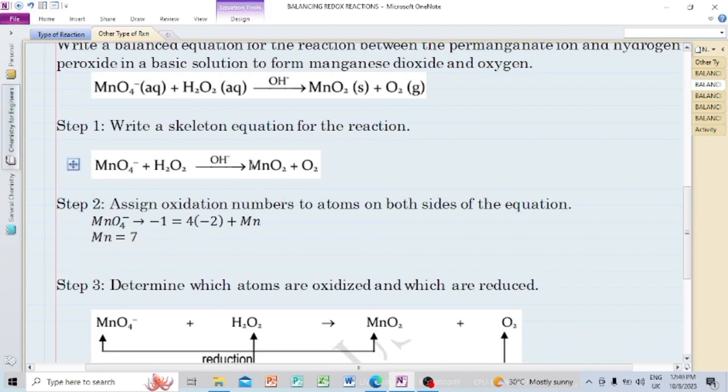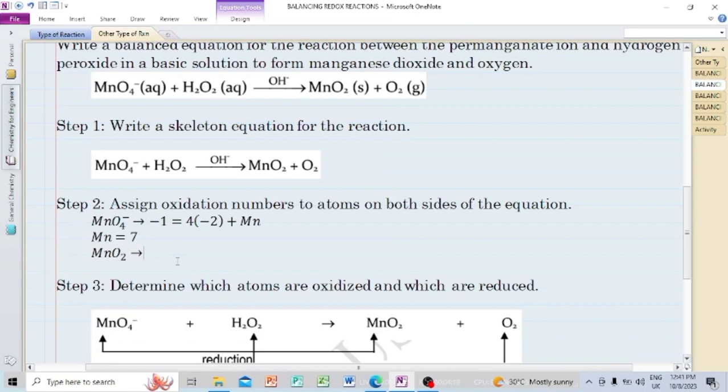On the product side, for MnO2, the sum of the oxidation numbers of a neutral compound is equal to 0, because it has no charge.